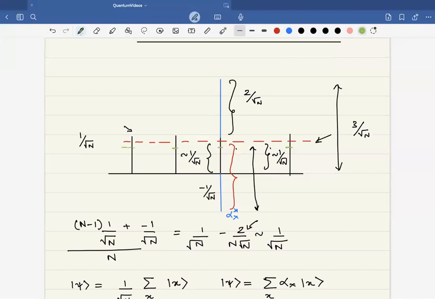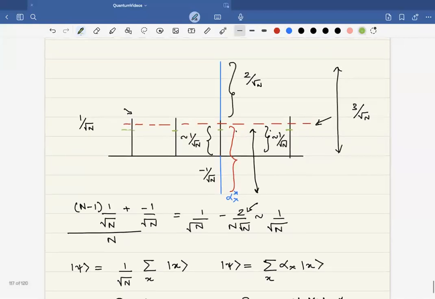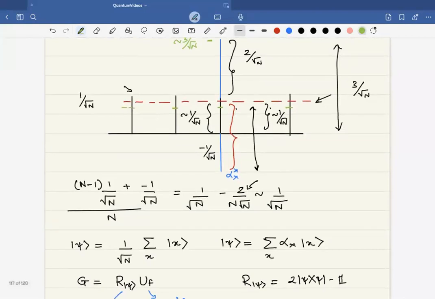If I repeat the process again, then this 3 over square root of n will get first marked. In the second iteration, this will go to minus 3 over square root of n, so it will be much lower, somewhere over here. And then the mean will go further down, maybe.